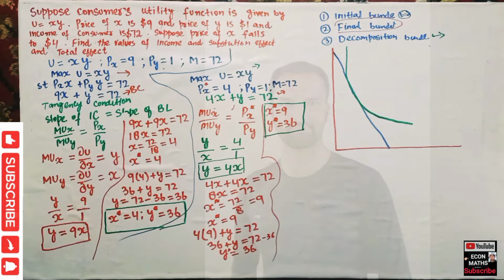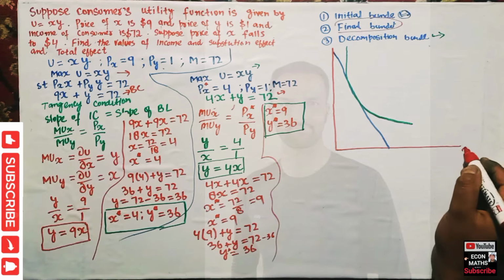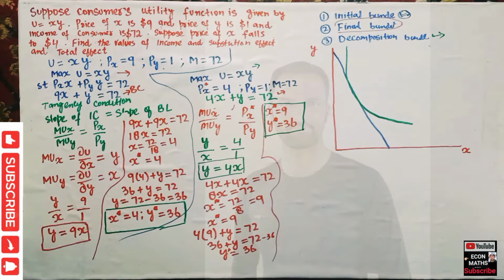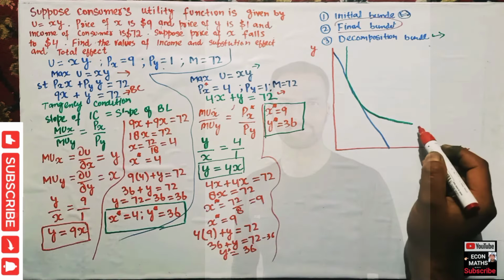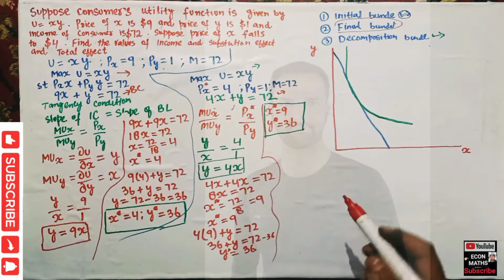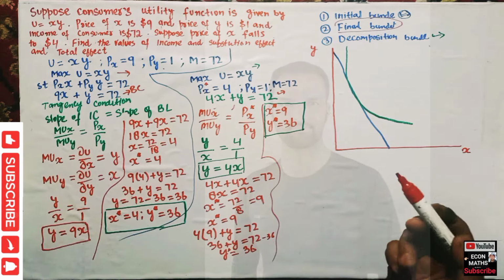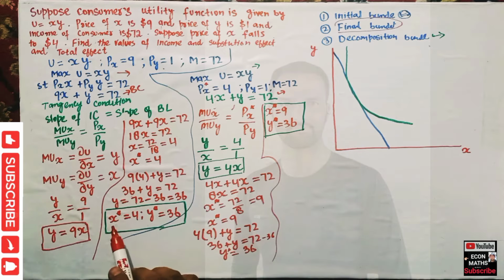Okay, this is our initial. Let us write, this is good X, good Y. Initially, as I told you, our indifference curve and budget line should be tangent to each other for getting the optimal bundle. So initially our X was 4 units, Y was 30 units.